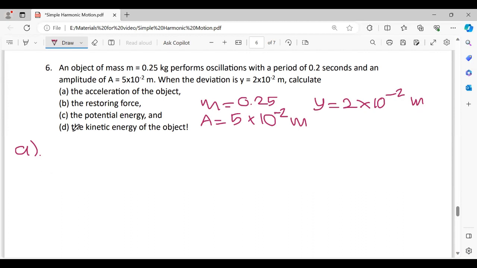And now I'm going to find the period. So the period T equals 2 pi times square root of m over k.